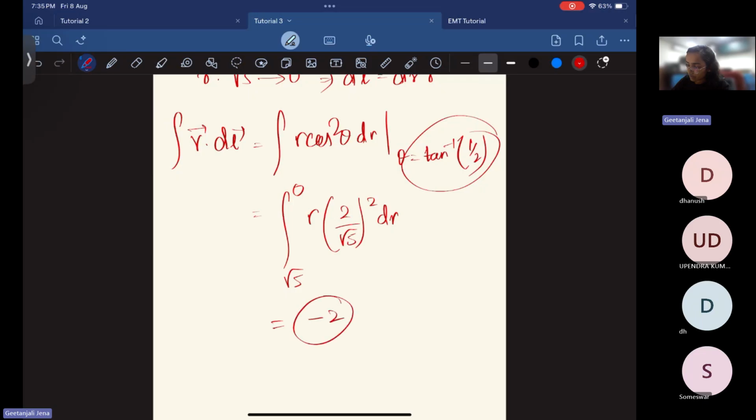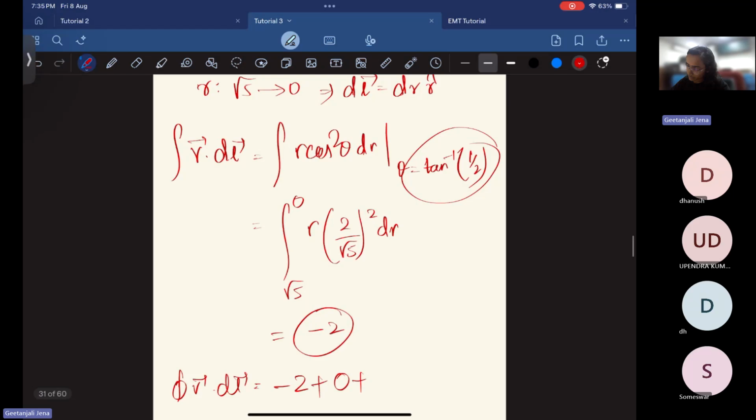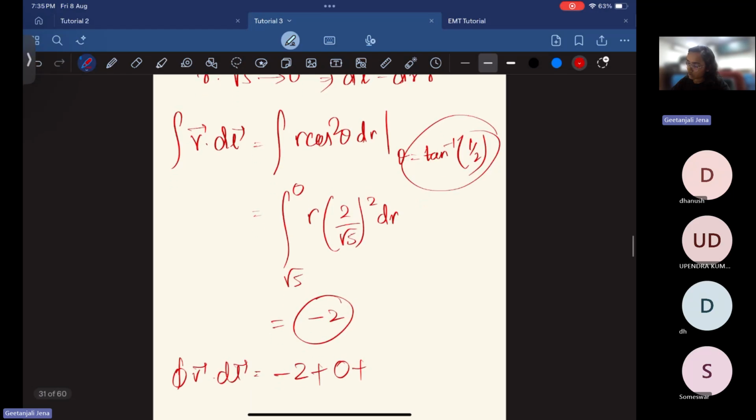Integration will give minus 2. So the total line integration will give 0 plus 3 pi by 2 plus 2. So 3 pi by 2. Okay.